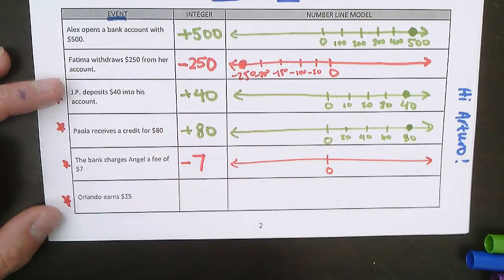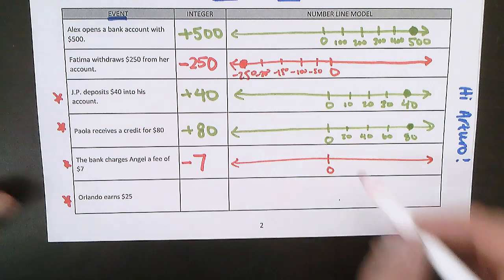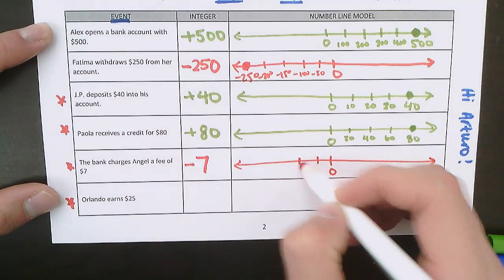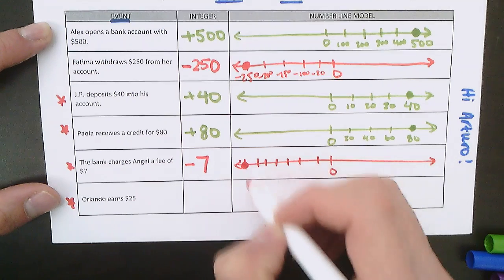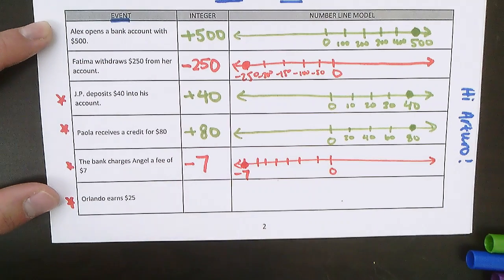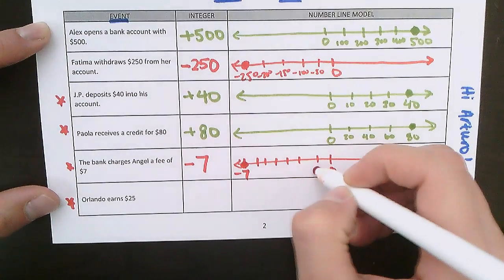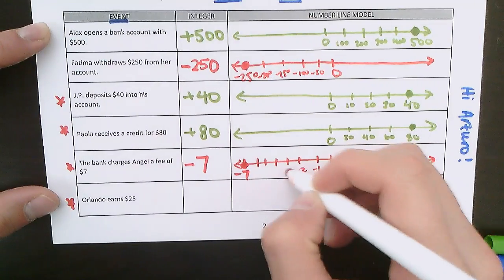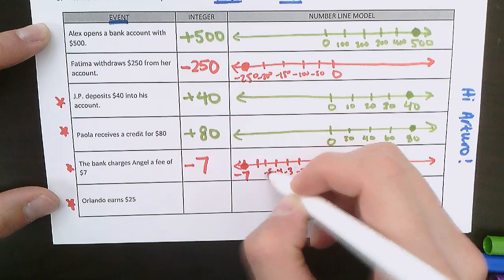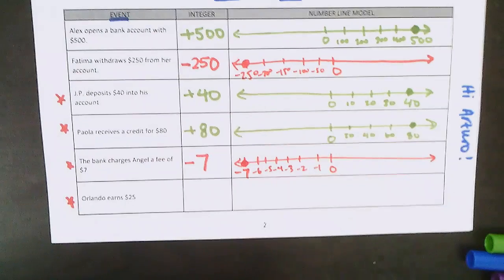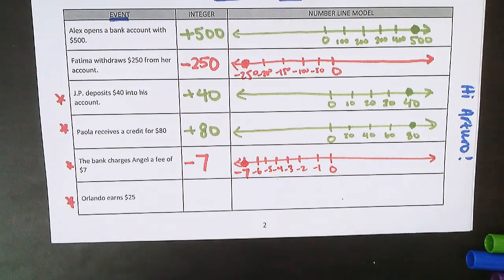And since it's 7, I think we could just go by ones here. 1, 2, 3, 4, 5, 6, 7. Here's -7. And if you want, you can do -1, -2, -3, -4, -5, -6. And there's -7. If you got that one on your own, 3 gold stars to you.